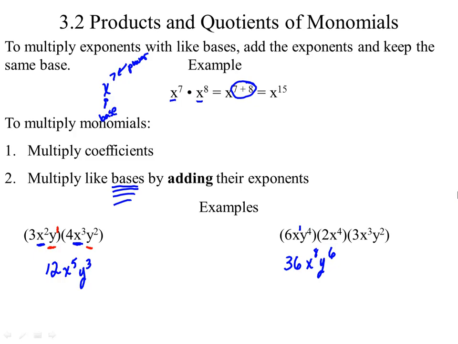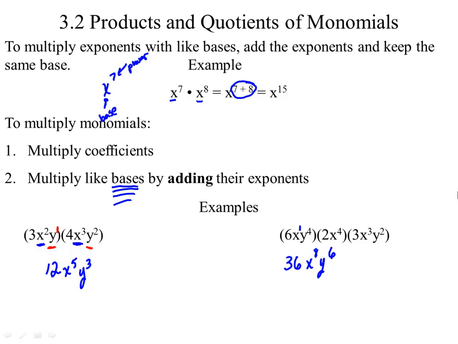There's only one term here. How do I know there's only one term here? It looks to me like there's 3. How do I know this is only one term? You don't see any addition and subtraction signs. If you don't see any addition and subtraction signs, there's only one term here. Okay, there's 3 factors, but that's not what we're doing. We're talking about terms, okay? So both of these are monomials.